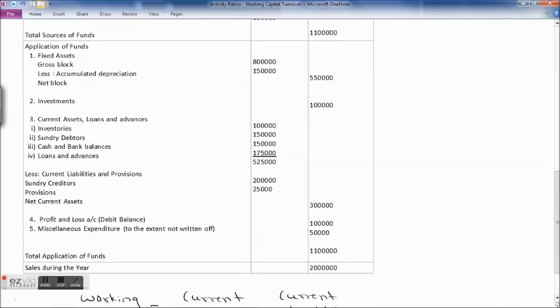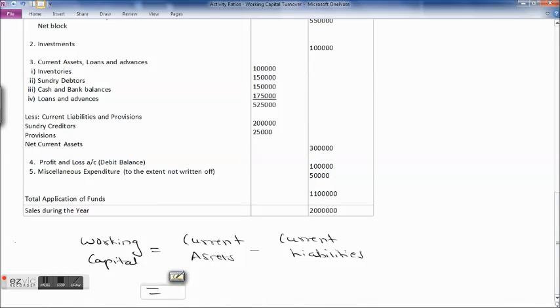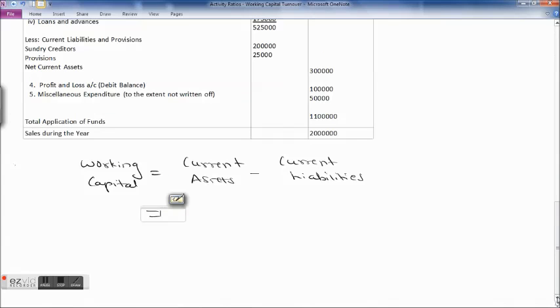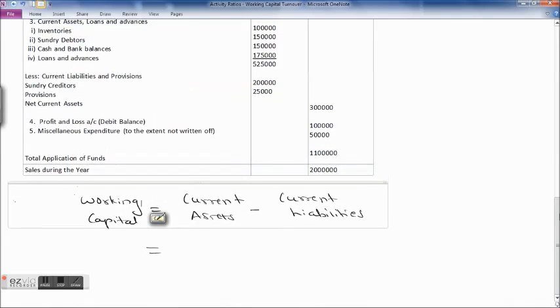Inventories 1 lakh plus sundry debtors 1,50,000 plus cash and bank balance 1,50,000 plus loans and advances 1,75,000.